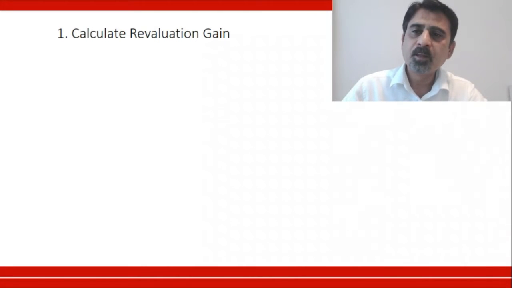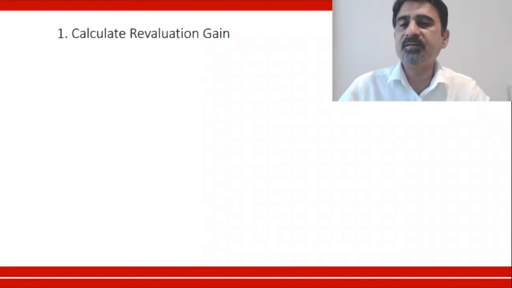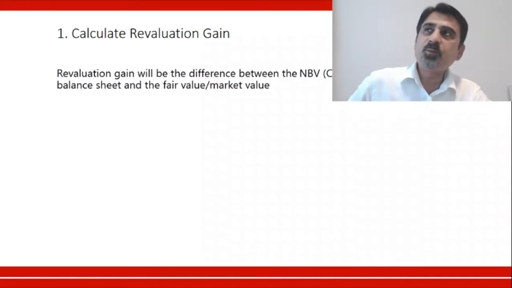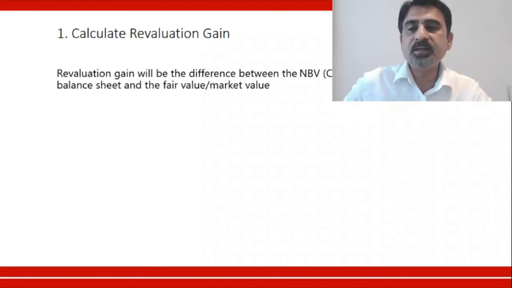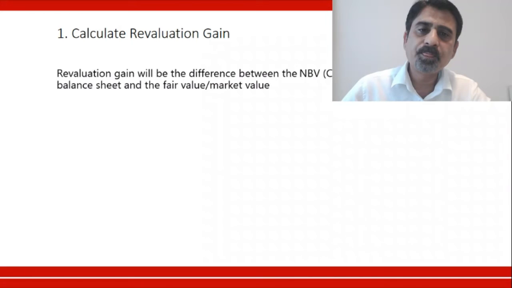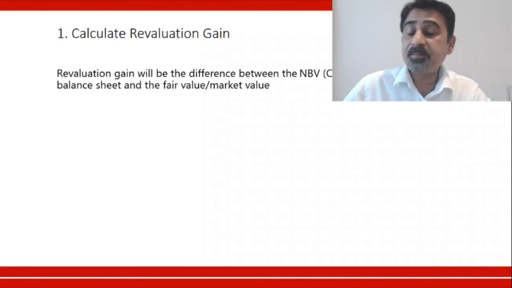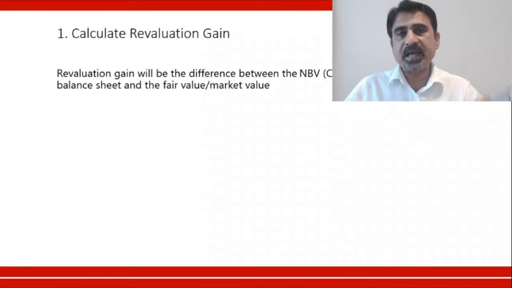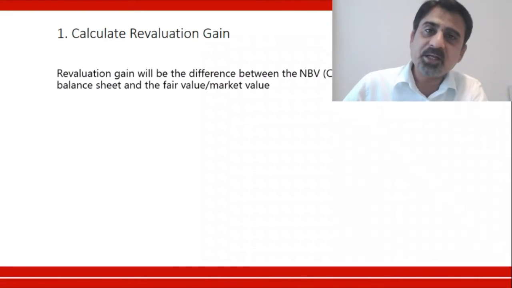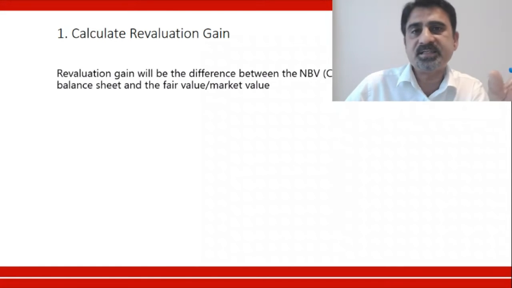Number 1 is calculate the revaluation gain. So revaluation gain will be the difference between the net book value on the balance sheet and the fair value or the market value. If you remember, the asset was 100,000 and the annual depreciation was 5,000, and it said that at the beginning of the 7th year, which means that 6 years have passed.